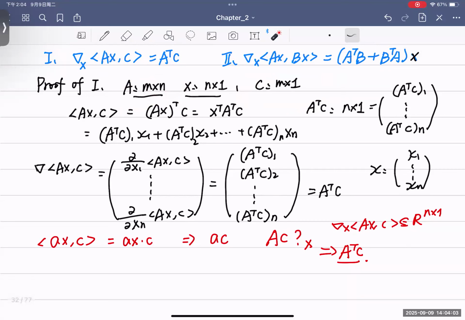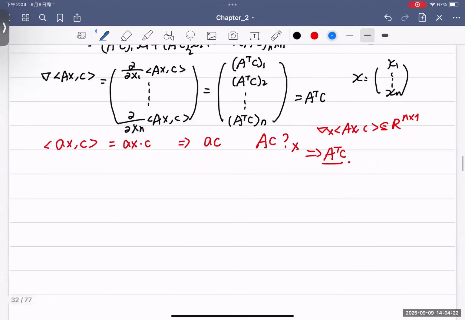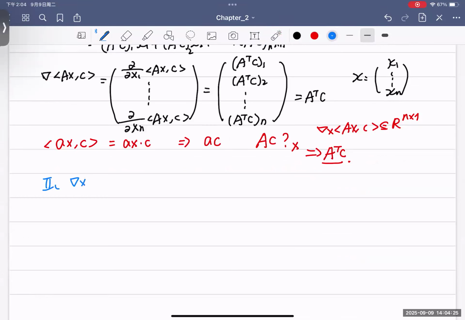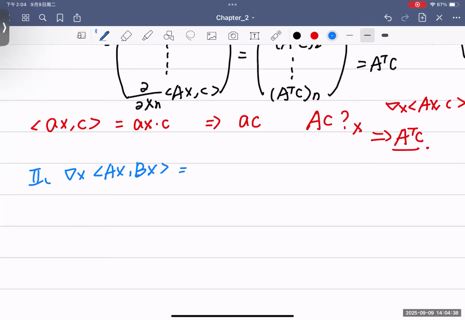If you are not quite sure, you can try this one again as an exercise. It's a little complicated, but it's a good way to help you get more familiar with this type of linear algebra. Our next term will focus on Ax and Bx, which will be a little more complicated.